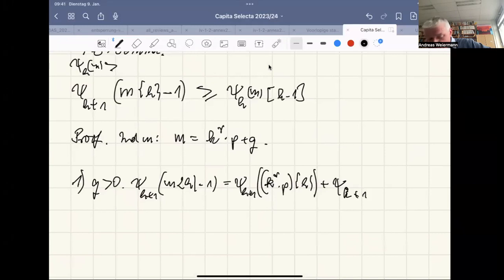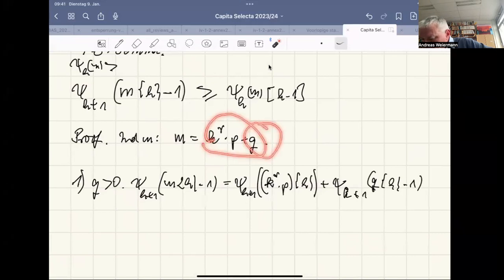So psi_k distributes over sums. If I subtract 1 from the whole number, it's the same as subtracting 1 from q and putting the result additively to k to the r times p.